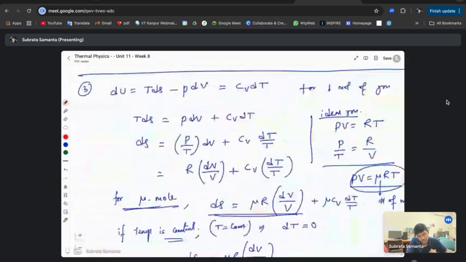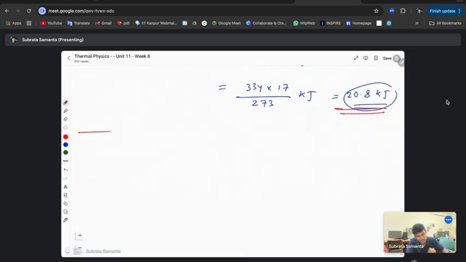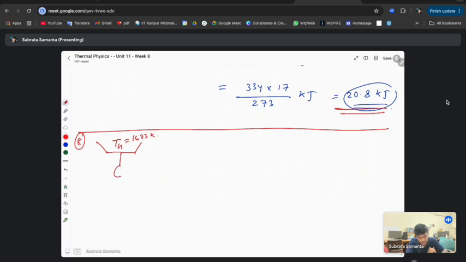So if you draw the Carnot cycle, the schematic diagram is: TH, the high temperature, 1673 Kelvin, and there is an engine, and there is a low temperature bath, TL, which is 303 Kelvin.